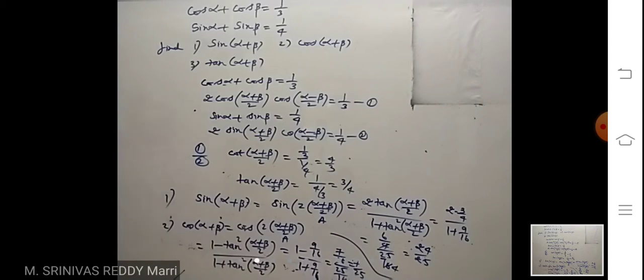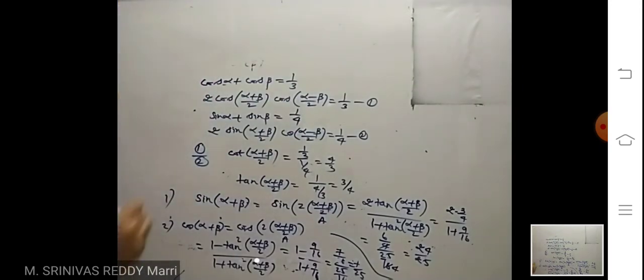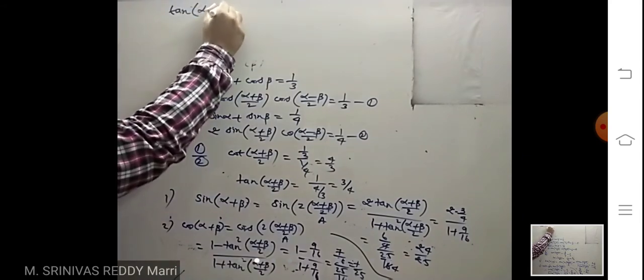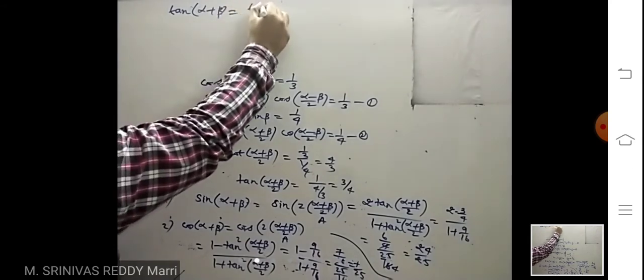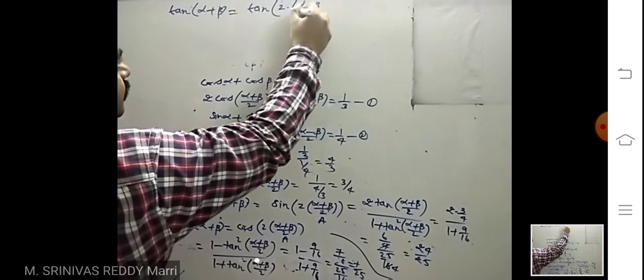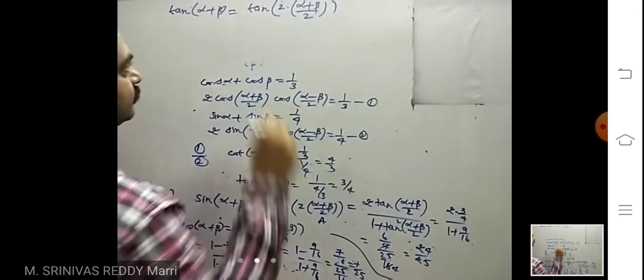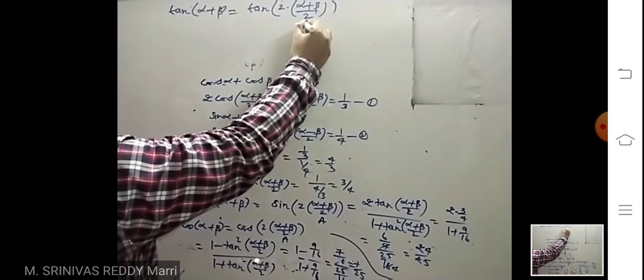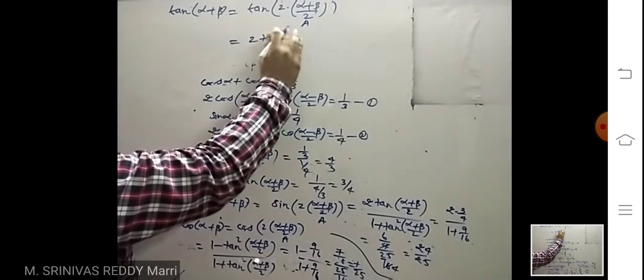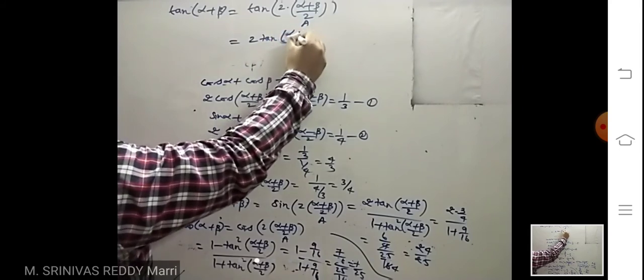Next, the third one. Third one you will easily get an idea: tan of alpha plus beta. Tan 2A is 2 tan A divided by 1 minus tan square A. I will write alpha plus beta as 2 into (alpha plus beta) by 2, where A means (alpha plus beta) by 2.